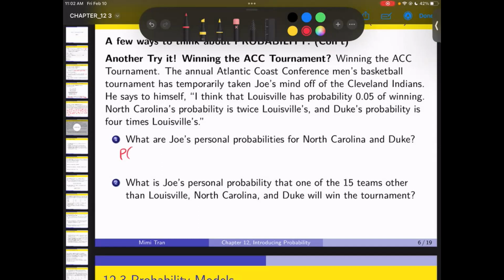The Duke probability is 4 times Louisville. What are Joe's personal probabilities for North Carolina and Duke? What is the probability that North Carolina is winning according to Joe?